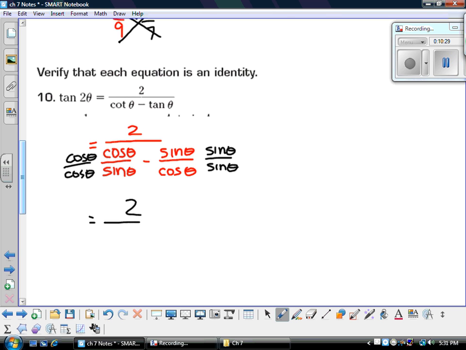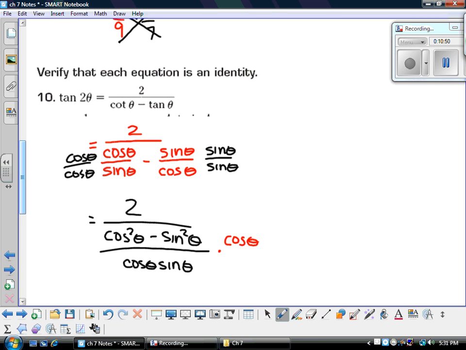That'll give me 2 over cosine squared minus sine squared over cosine times sine. Now I'm going to flip and multiply to get rid of the fraction within a fraction. So that means I'm going to be multiplying by cosine sine over cosine squared minus sine squared.